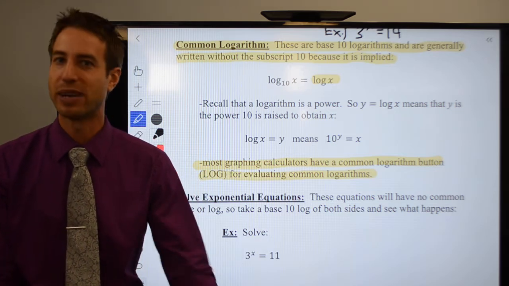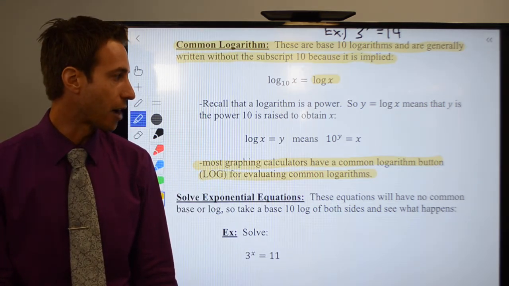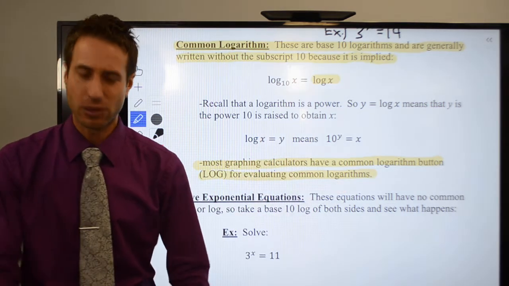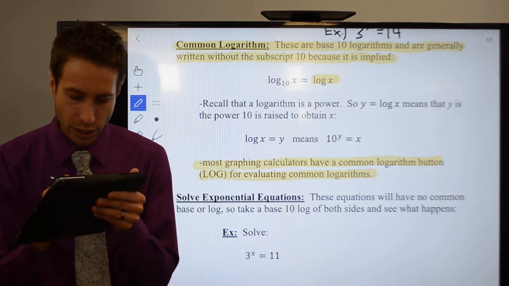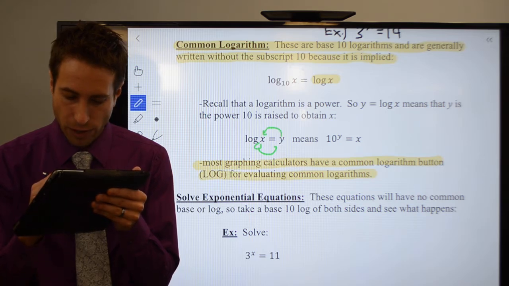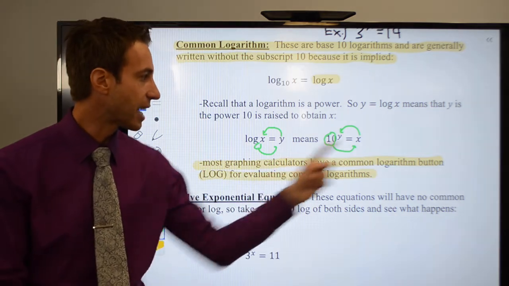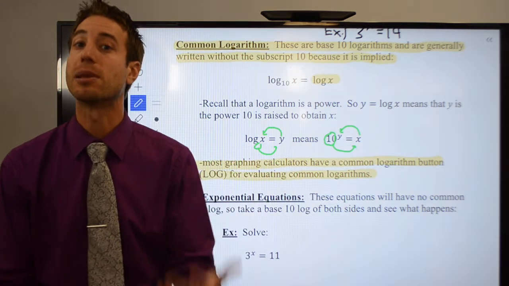The 10 won't be written, it's implied, and you'll have a common logarithm button on your calculator. Again, just because it's worth mentioning, and I'll keep saying it over and over again, you can certainly use the snail method to go back and forth between the two, right? Snail method's how you go back and forth between logarithm and exponential, and a logarithm is just the power, right?